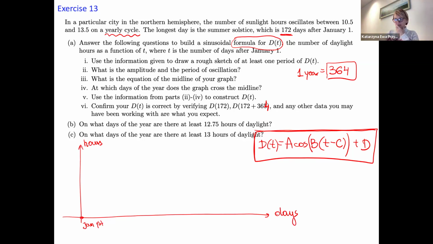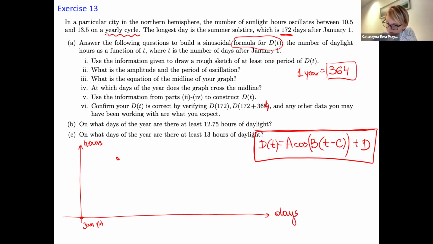And what is the maximum value? The maximum number of hours, the biggest, the longest day is 13 point something hours. Let me maybe draw cosine, and I will shift it up vertically and shift it horizontally.